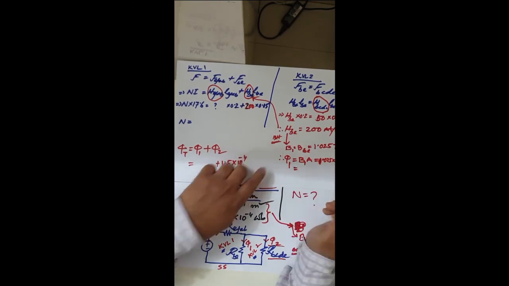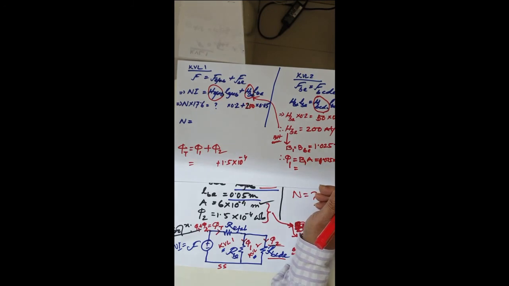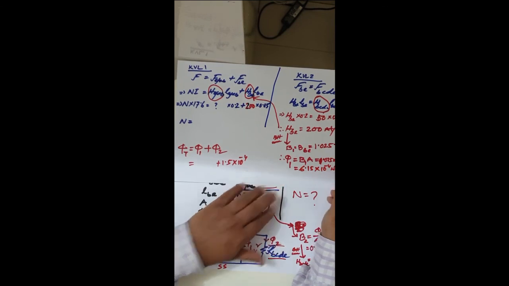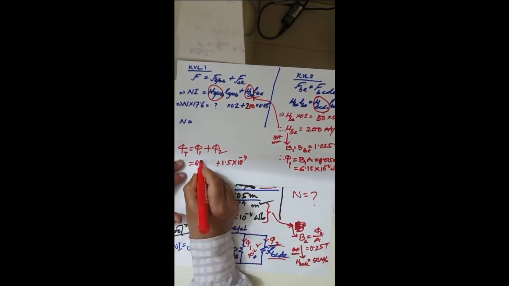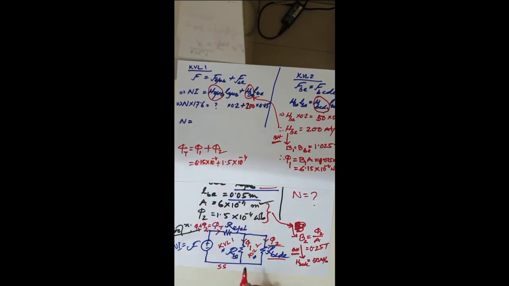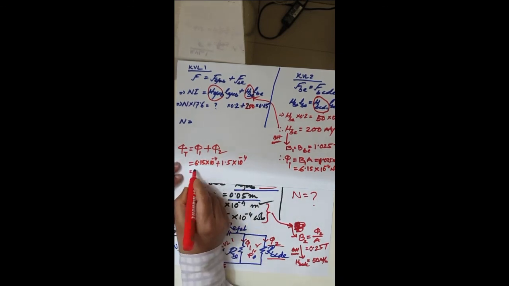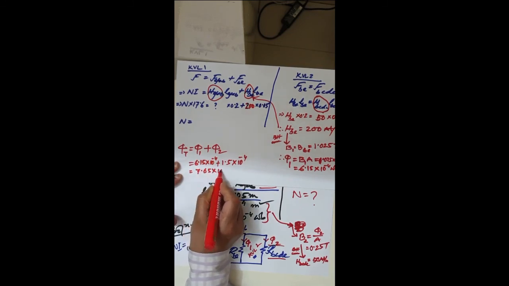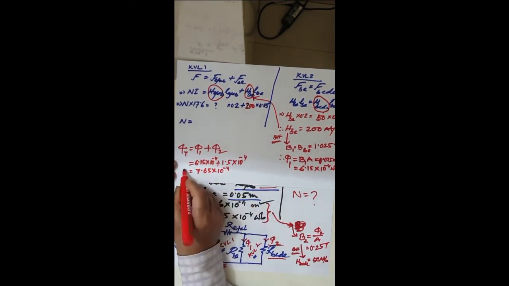Then phi 1 comes to 6.15 into 10 to the power minus 4 Weber. Together this gives you 7.65 into 10 to the power minus 4 Weber. This is the phi t total you get.